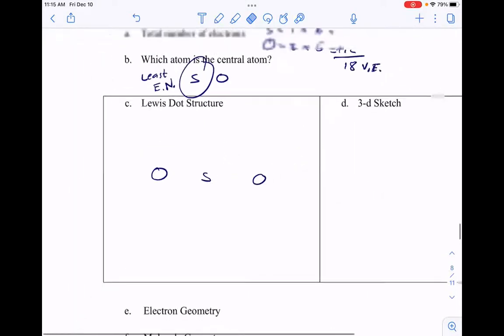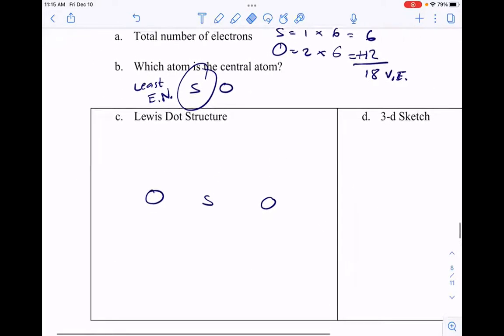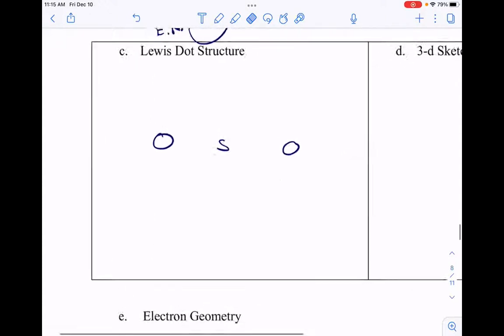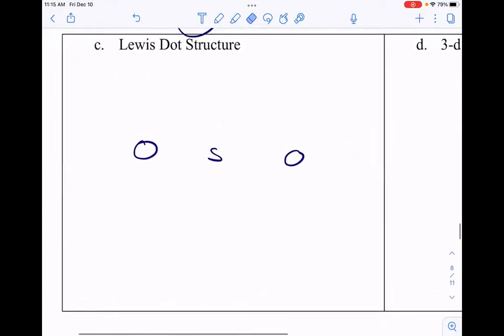Yeah, so if you guys want to try this out on your own, just work ahead, feel free to do so. And so let's go ahead and do the octet stuff. So here I have 1, 2, 3, 4, 5, 6, 7, 8. 1, 2, 3, 4, 5, 6, 7, 8.